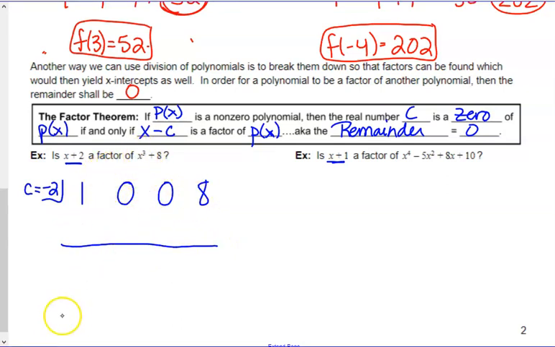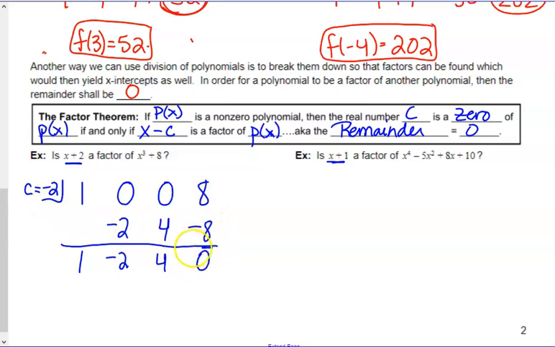Always one more number here than the highest power in your polynomial. All right, so here we go. Bring your 1 straight down. Multiply by c gets -2. Add gives me -2. Multiply by -2 is 4. Be meticulous because you can make a negative error. 0 plus 4 is 4. Multiply by -2 is -8.